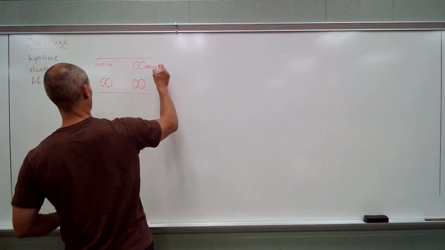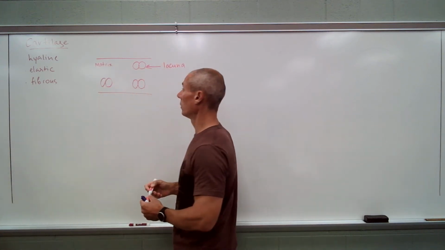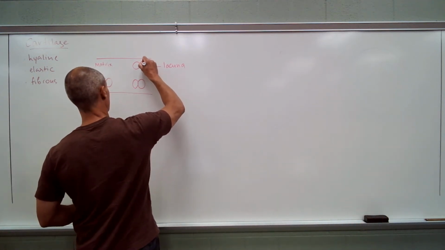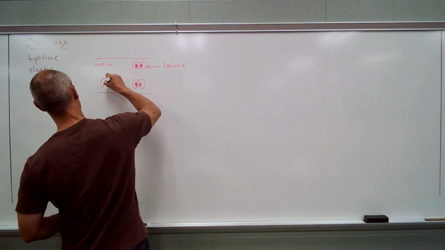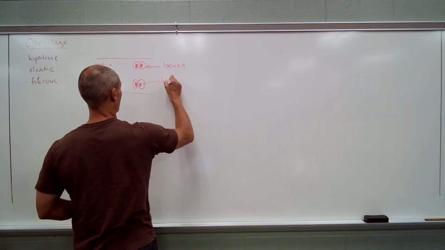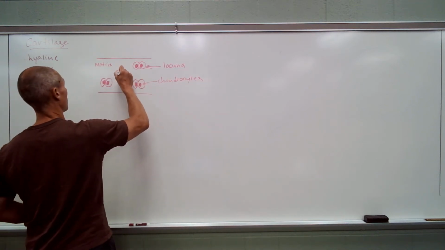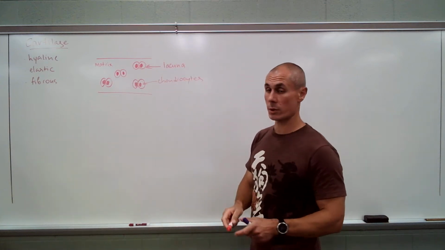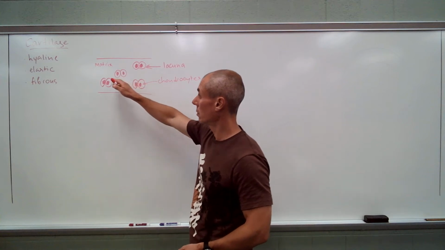Okay, so these empty spaces are called lacunae. Within those empty spaces are the cells that actually allow cartilage to grow, so-called chondrocytes. I'm going to put one more right here. Okay, those are chondrocytes within the lacunae. Chondrocytes produce the matrix.